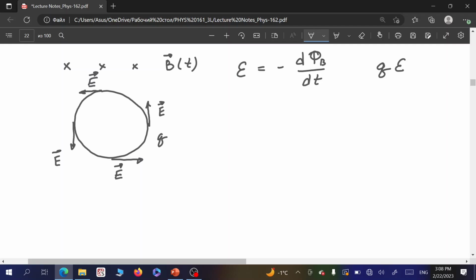Yes, the electromotive force. So this is for work. Then this could be represented in another form.